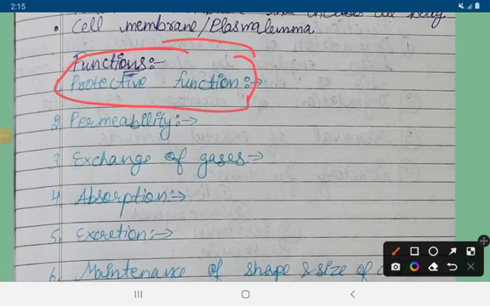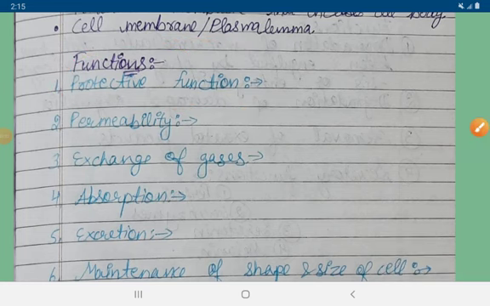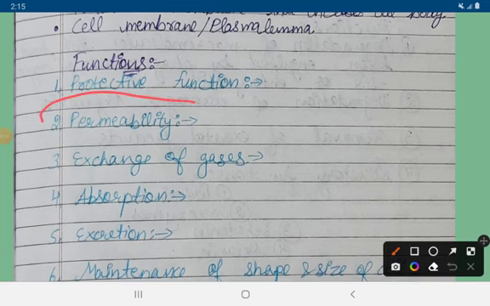The next function is permeability. The plasma membrane is selectively permeable to some substances and impermeable to other substances.